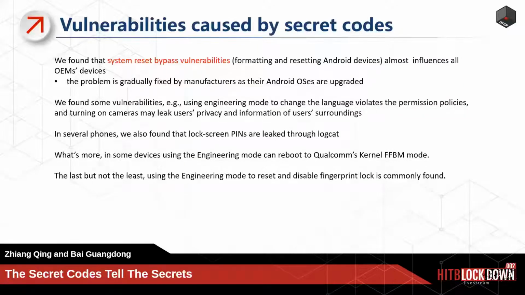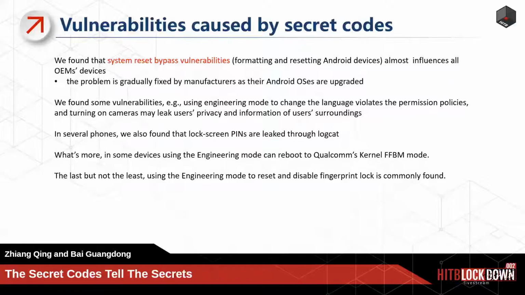Because it basically leaks the user's privacy and also information about the user's surroundings. So it's very privacy sensitive. And third category, we found that on some devices, once the application is called by secret codes, it may just log the PIN through logcat. Later we will show you examples.